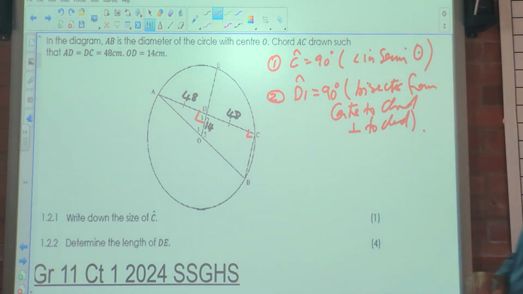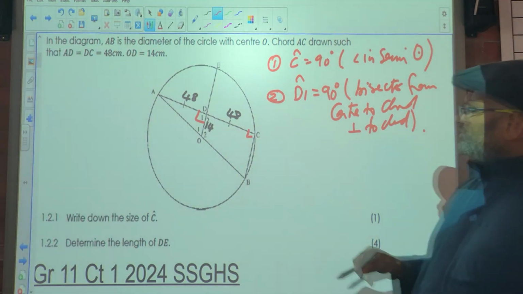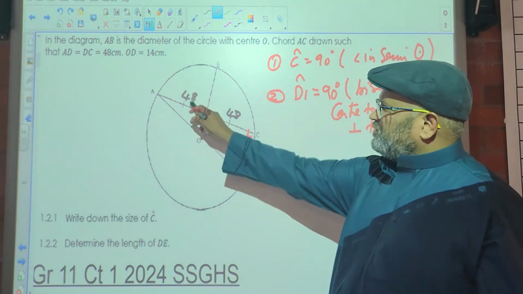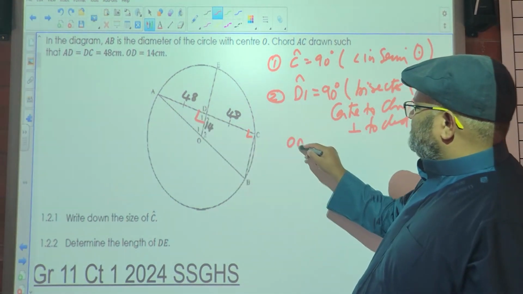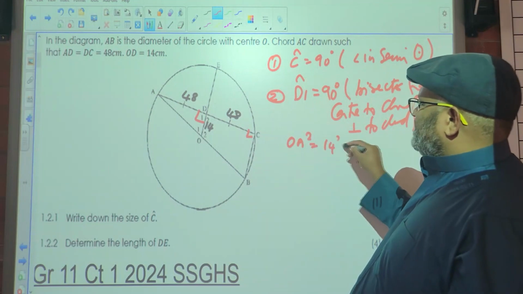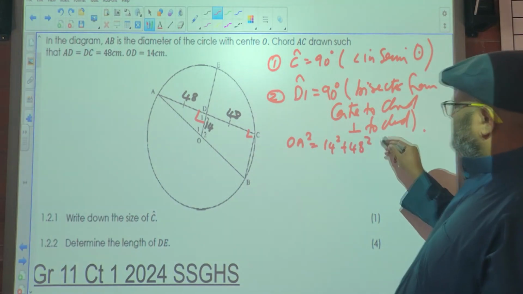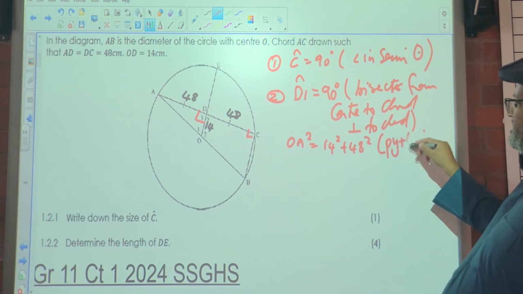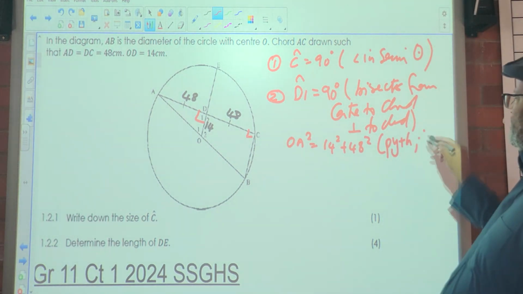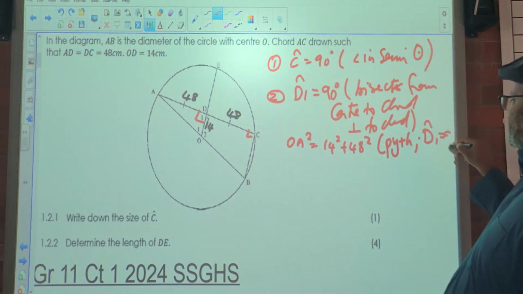Okay. So now we've got 14 and 48. So OA squared is equal to 14 squared plus 48 squared. Reason? Pythagoras with angle D1 equals 90 degrees.